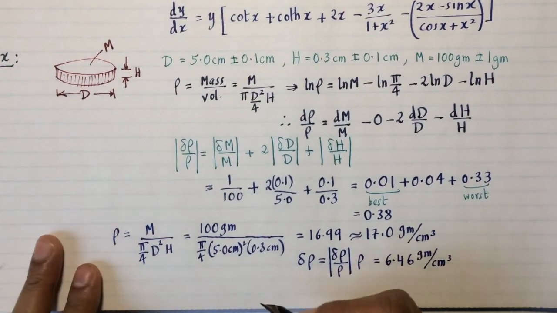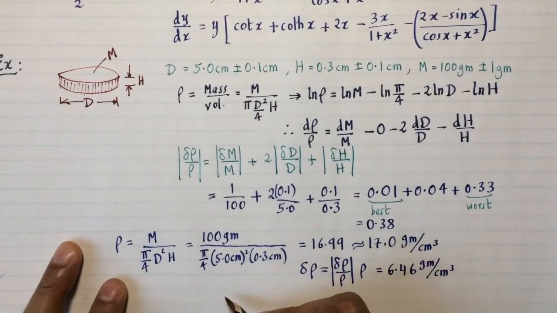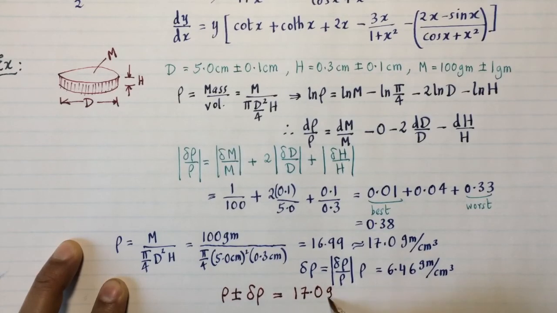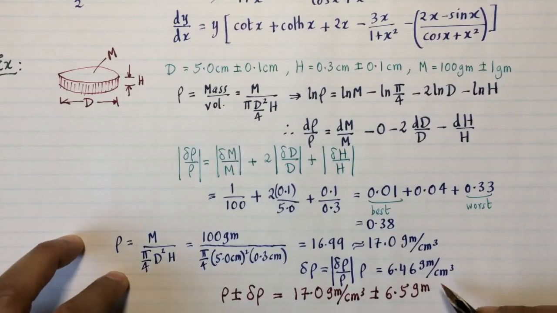So the density of your coin can range anywhere from 17 grams per centimeter cubed plus or minus, I'll make this 6.5 to the same amount of precision as the calculation.